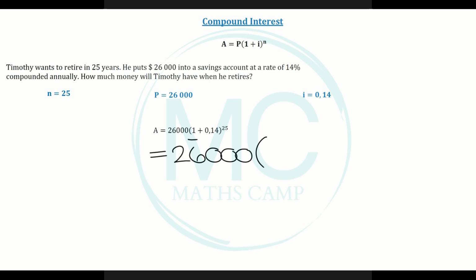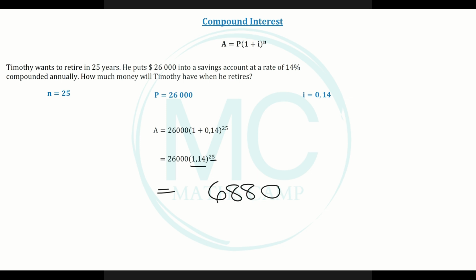Inside the bracket, 1 plus 0,14, which gives us 1,14 to the power of 25. Now we can take our calculators. 1,14 to the power of 25 multiplied by 26,000 gives us $688,009.81, rounded off to 2 decimal places. And we have now completed this question.